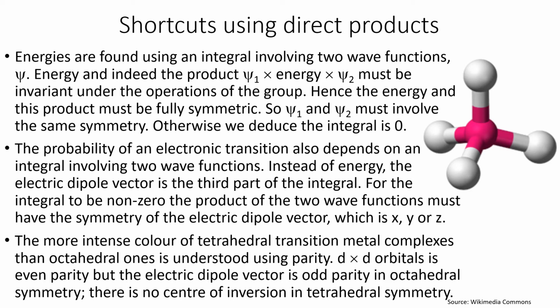And then you start seeing a little bit of light being absorbed, because you've got around that selection rule. But in the case of tetrahedral complexes, in a tetrahedron there is no centre of symmetry, so there is no parity selection rule. So you don't have to rely upon vibrations or some other cunning way of getting around the selection rule. The transition just becomes much more allowed, and so the colour of the complex becomes much more intense.